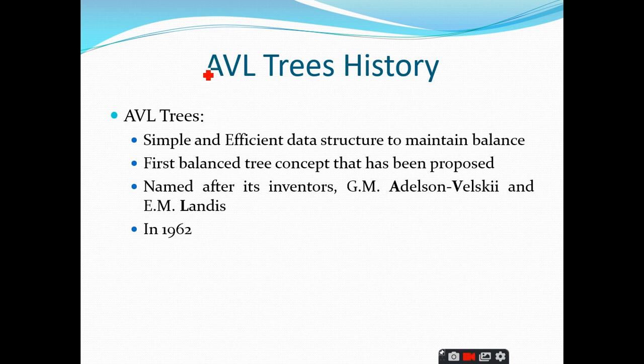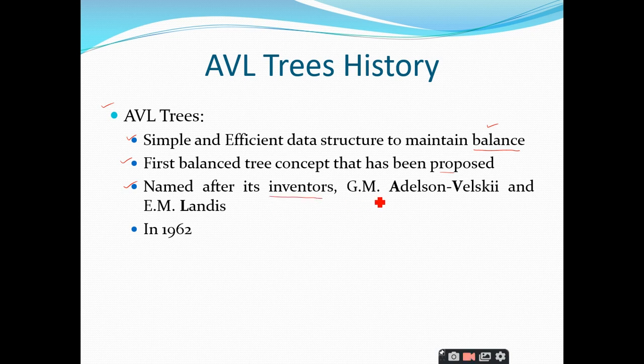Coming to the history of these AVL trees, as I told you, these are simple and efficient data structures to maintain the balance. Height balancing is very important. You should keep the height of a tree as low as possible to have efficient search, insertion and deletion operations. So we are going to balance the trees. The first balanced tree concept proposed is the AVL tree, named after its authors or inventors.